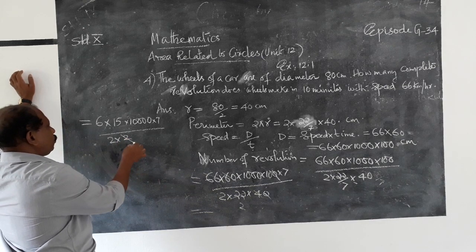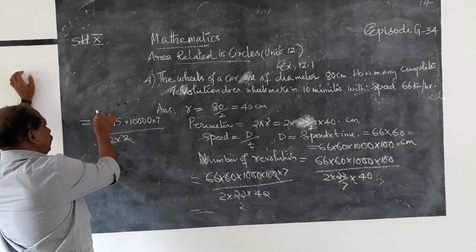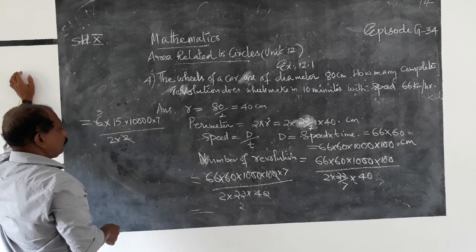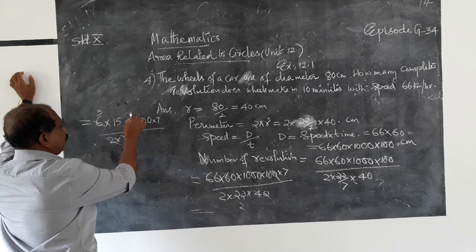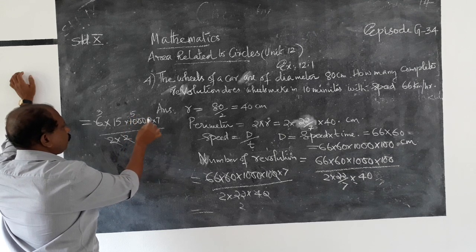That is, 2 and 6 divided gives 3. Then divided by 2, that is 500.